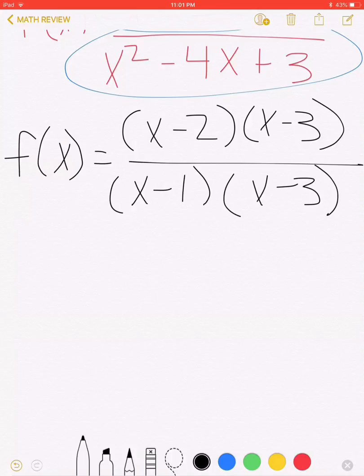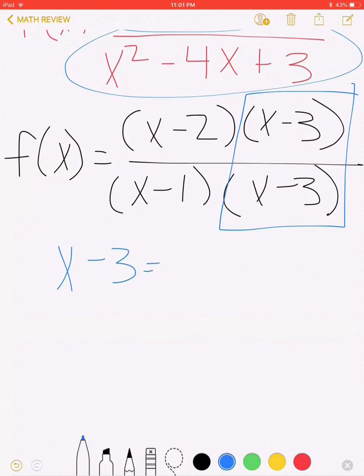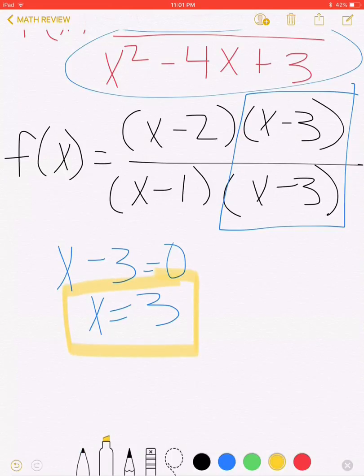Therefore, the hole is going to be at x equals 3. And you can see that because they are both that. So you can do x minus 3 equals 0, and you're going to get x equals 3. So this right here is the hole in the graph at x equals 3.